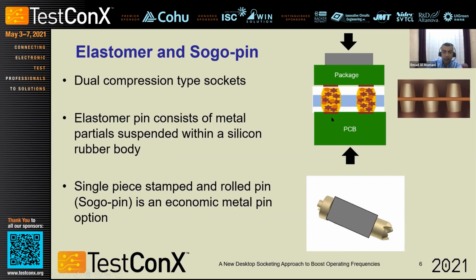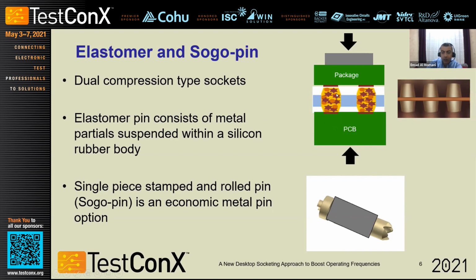The elastomer, for those who may not be familiar with it, is mainly a metal powder suspended within a silicone rubber body. When you apply force on this kind of elastomer pin, these little metal particles will get in touch with each other and form an electrical path between the package and the PCB. So these are the two technologies that we are considering here.